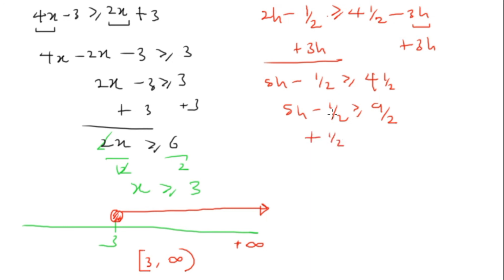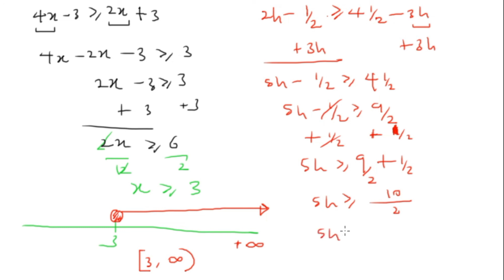If I add half to both sides, this will cancel out, so that I will have 5h is greater than or equal to 9 upon 2 plus half. So that 5h is greater than or equal to 10 over 2, and of course that's 5.